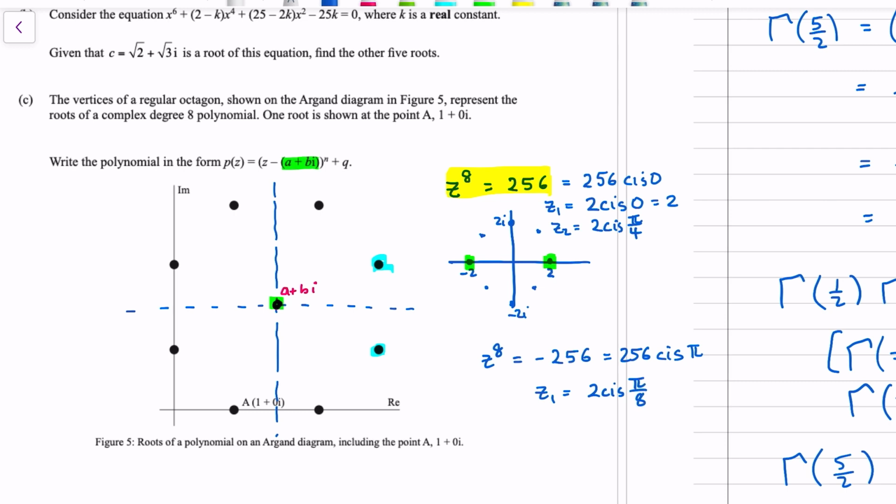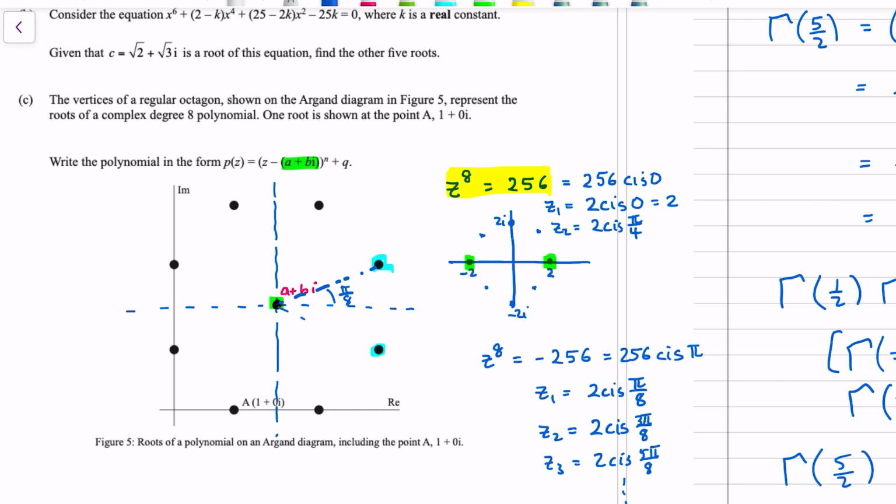Okay, and then my next angle would be pi over 4 bigger than that, so pi over 8 plus pi over 4 is 3 pi over 8, and then my next one would be 2 cis 5 pi over 8, etc. And that is what we've got here, because this first angle is pi over 8 above that horizontal axis of symmetry.